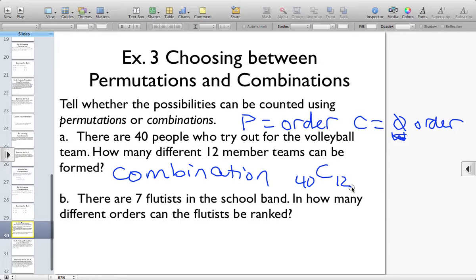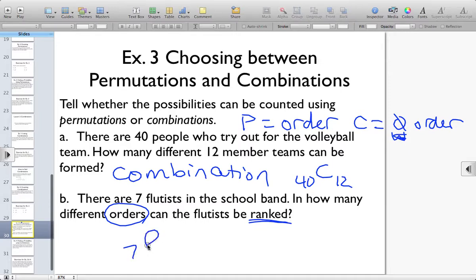Okay, part B, there are 7 flutists in the school band. In how many different orders can the flutists be ranked? Well, keyword there, orders. So chances are pretty good if you see the word order in your problem, you're going to be looking for permutations. Also, if it describes a scenario in which the order is important, such as ranking, then that's another clue that you need to use permutations.